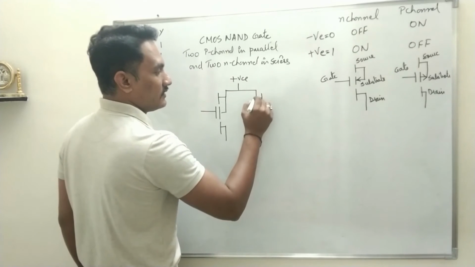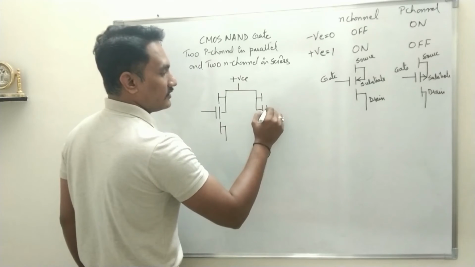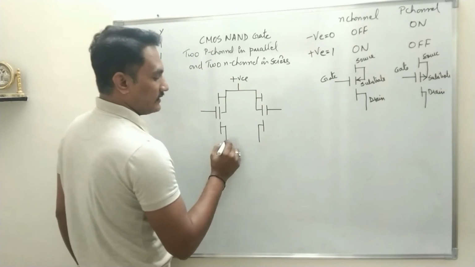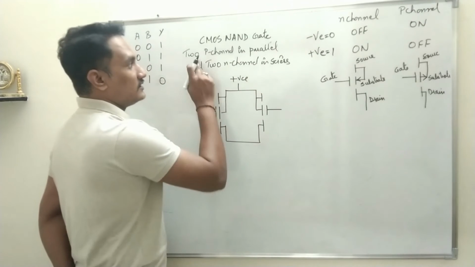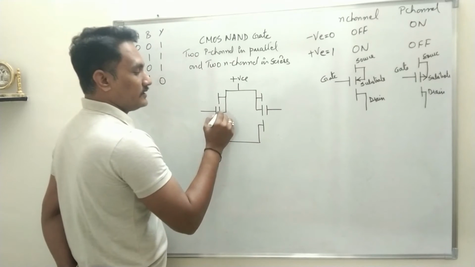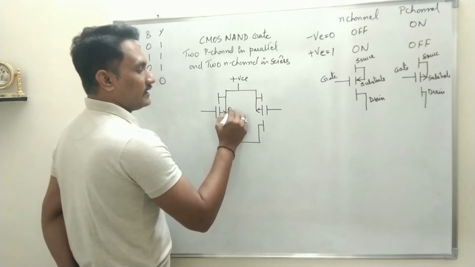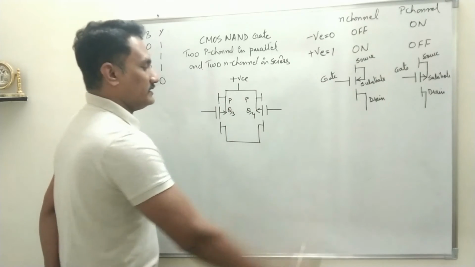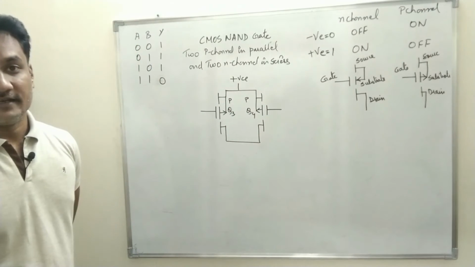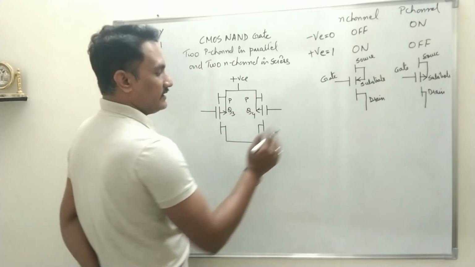Similarly, source connected to substrate, drain, and in front of the substrate there will be the gate terminal. As it is parallel, it will be connected point to point, and these two are P channels. P channel means the arrow mark is outward. Let these be transistors Q3 and Q4. These both are P channel. So we have drawn 2 P channel in parallel, then 2 N channel in series.